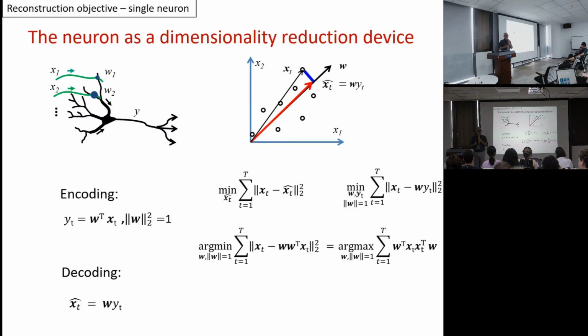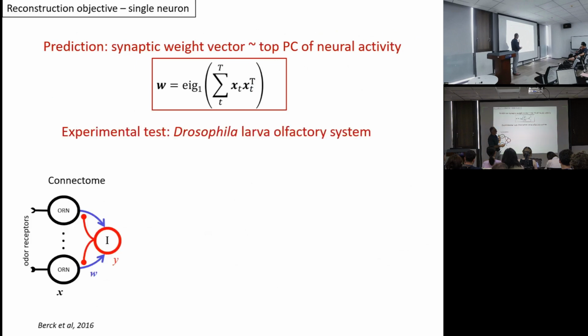Is that okay? The synaptic weight vector comes from connectomics. So that's this W, and we compare that with the direction of maximum variance in the activity data upstream of that neuron.